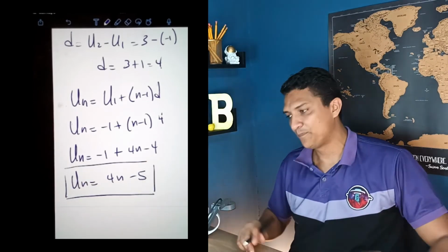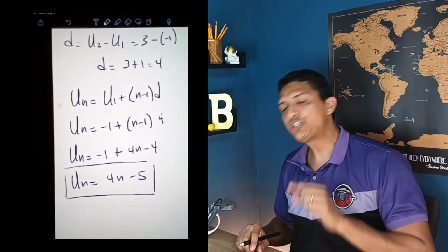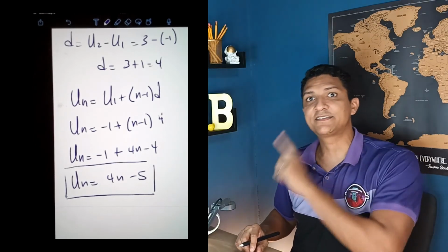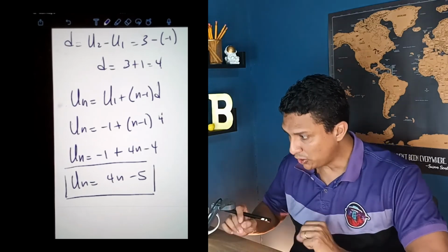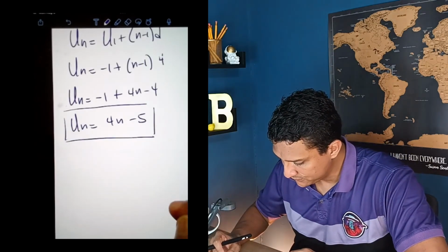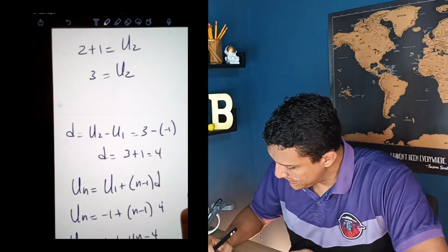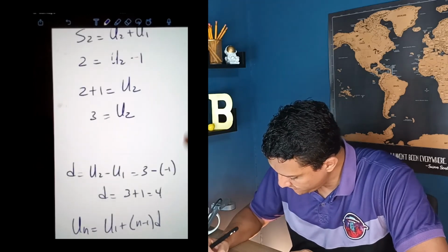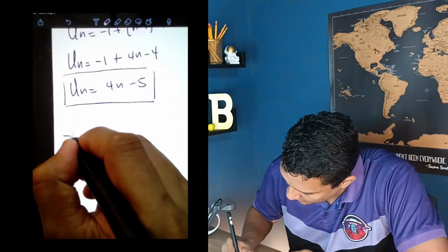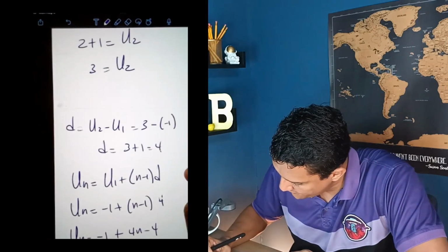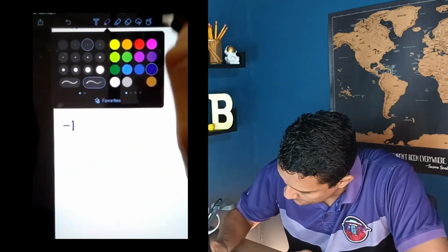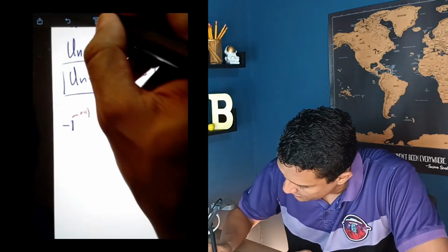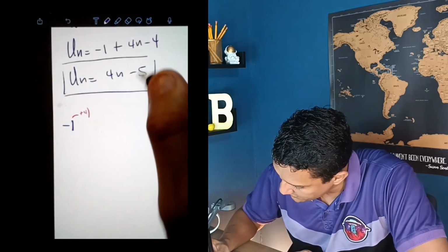Okay, now the last question says, show that it is an arithmetic sequence. If this is an arithmetic sequence, the common difference is the same for all the values. Okay, so let's see if that is true. If we are right, the first term was negative 1. We said that the common difference is 4. Negative 1 plus 4, that is positive 3.